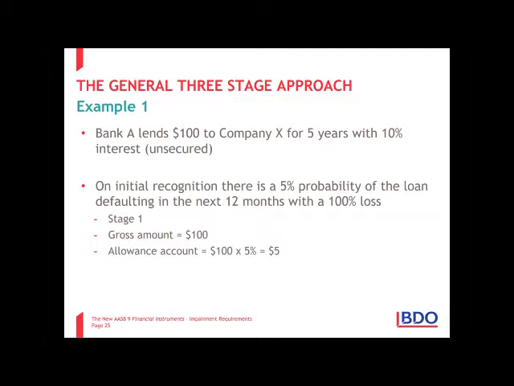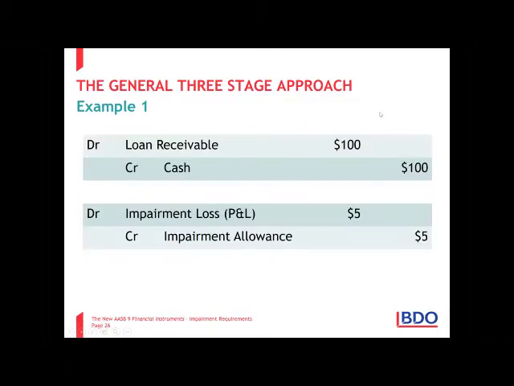And if the loan defaults in the next 12 months, it will be 100% loss. So on initial recognition, it's stage 1. The gross amount is 100, and your allowance account that you're going to create on initial recognition is $5. So it's a probability, the 5% of the $100, and it will be 100% loss.